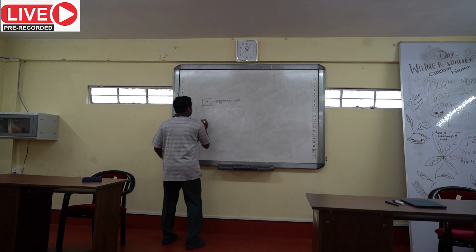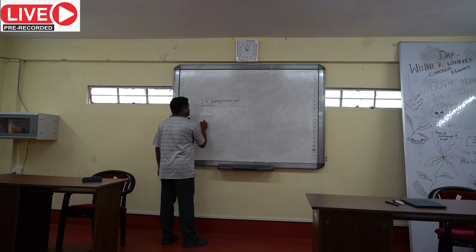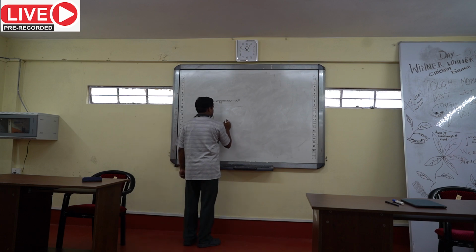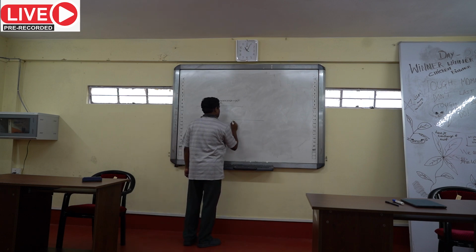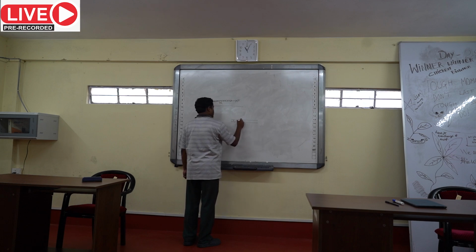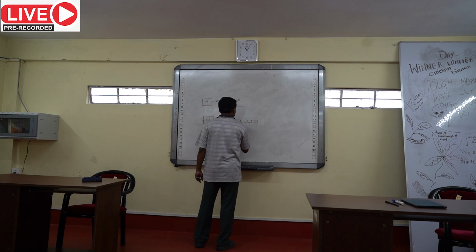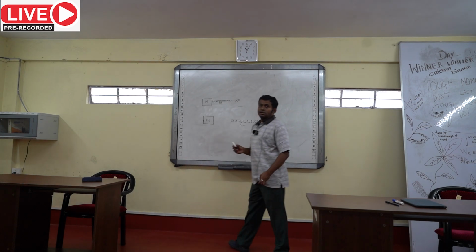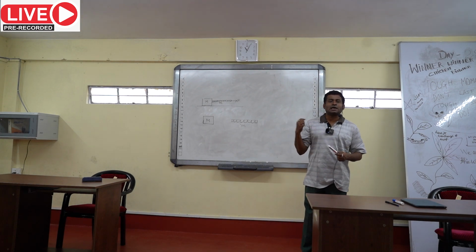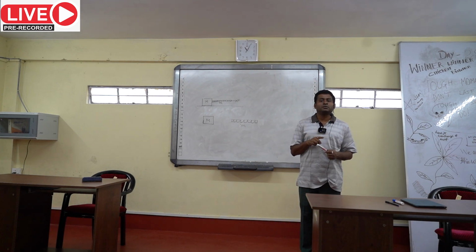So I will separate both the masses and draw it. This one is the rope. Now, this one is small m. Now tell me, what is the force applied by you on the rope? F.